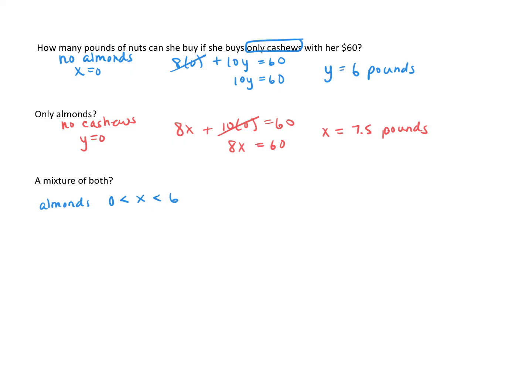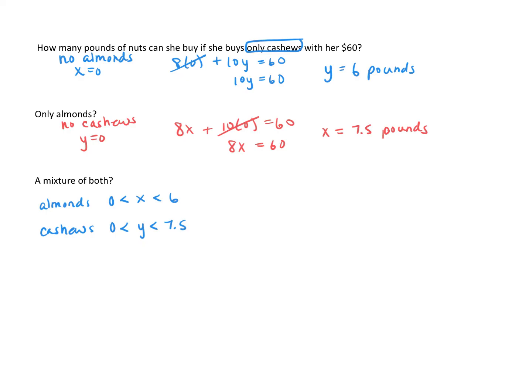So that's why I don't have the or equal to lines, but our number of almonds will be somewhere between 0 and 6. Same idea, cashews. She can buy between 0 and 7.5. These numbers, the 6 and the 7.5, I just got from over here, the math that we did. If she's not buying any of one type of nut and she's buying all of the other, that's what that gave us.